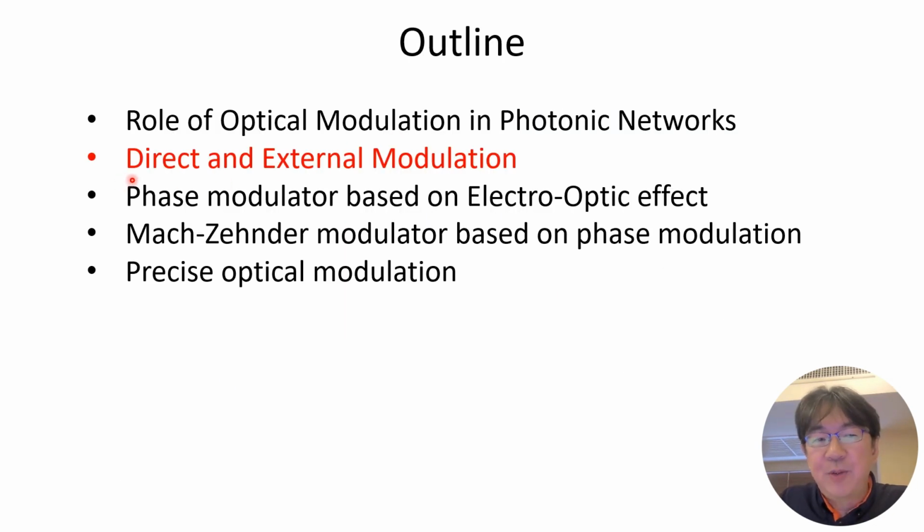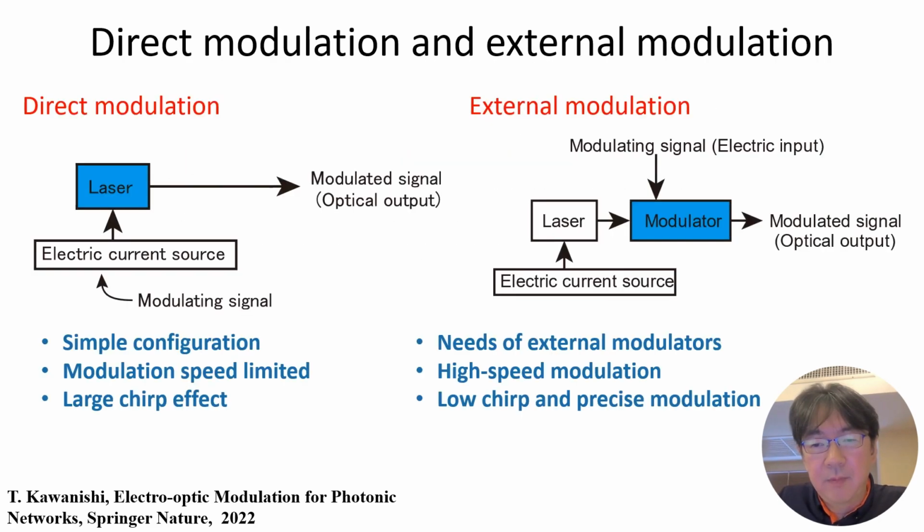Here I'd like to move on to the next topic, direct and external modulation. This slide shows the basic configuration of direct modulation and that of external modulation. In direct modulation, we control the electric current injected into the laser. So we can control the optical intensity from the laser.